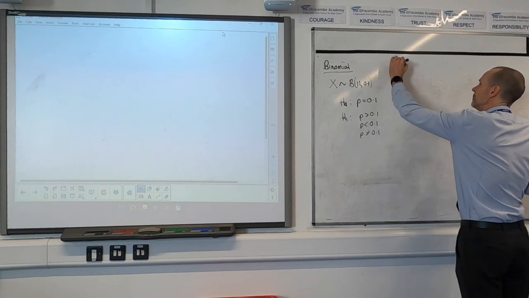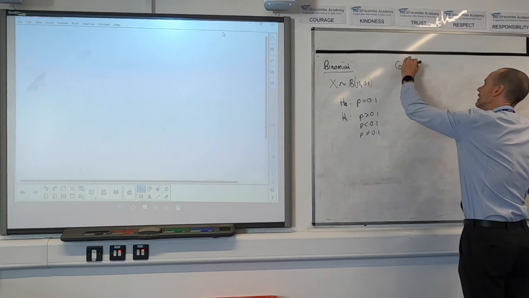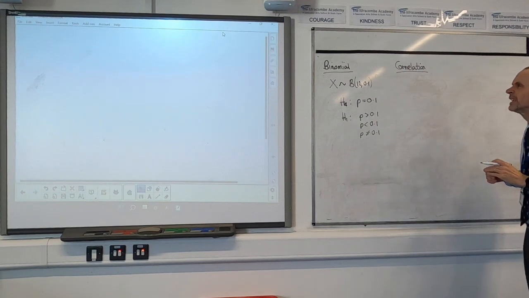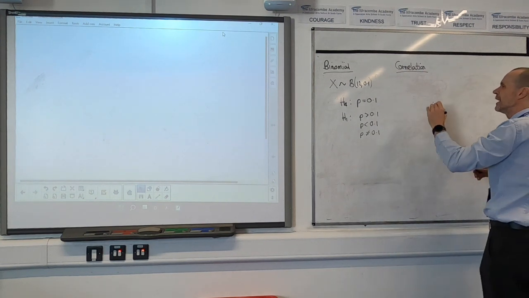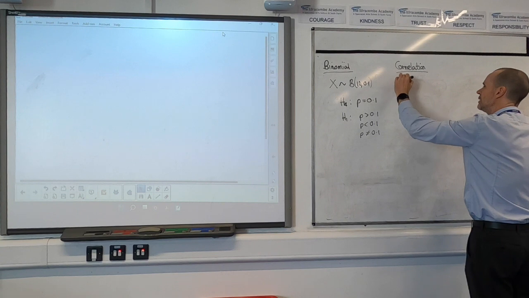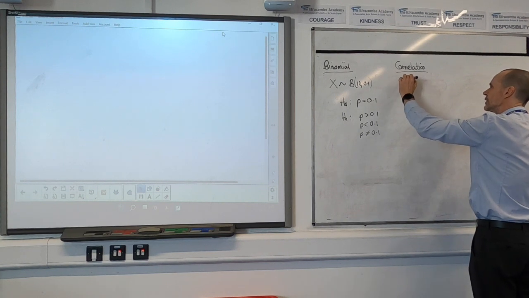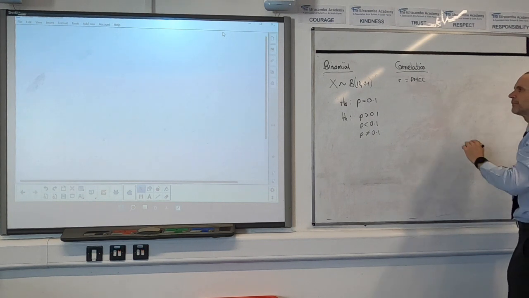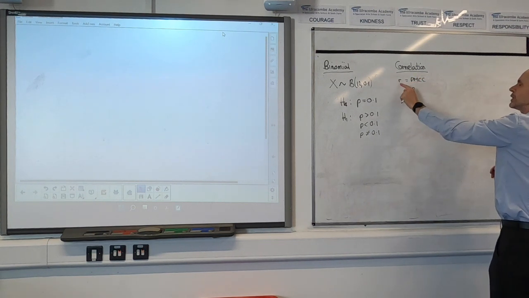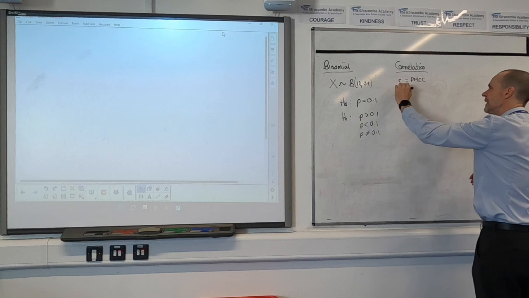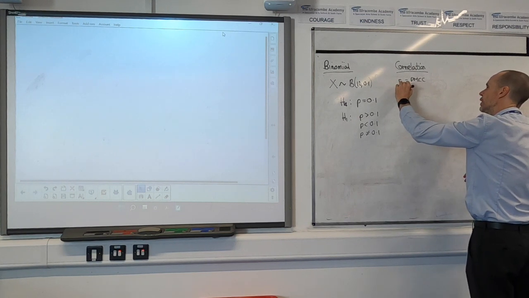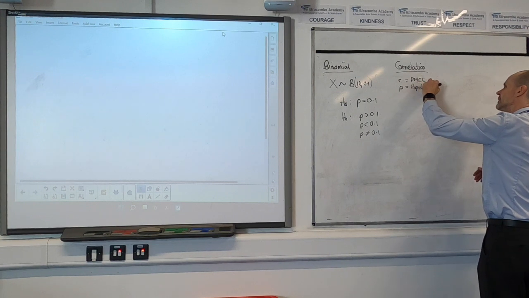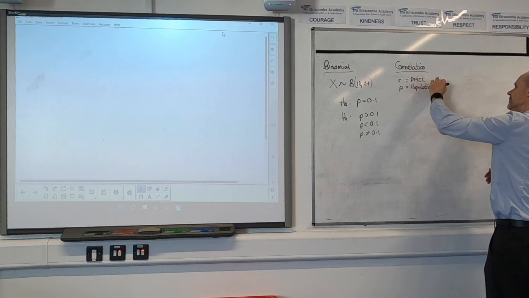We then met hypothesis testing with correlation, where we had a set of data, and we had this value R, which was the correlation coefficient. And we also had this idea that that was the correlation coefficient for that sample, and we then had rho, which was the population correlation coefficient.